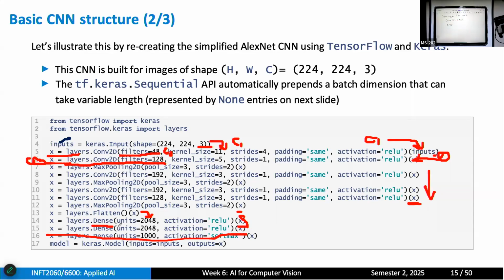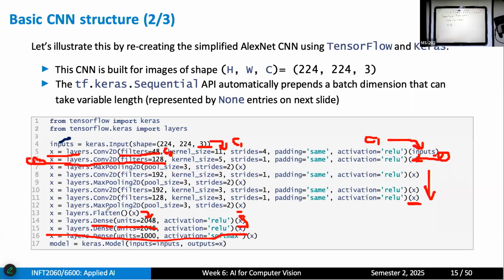Remember, this is just the unit, okay? Because they no longer have the features. The feature is 48, right? The convolutional parameter is 11 times 11 times the features, right? That's the kernel, all the parameters in this kernel. However, the dense layer is not a kernel. It's not 3D. It's a 1D vector after the flatten.